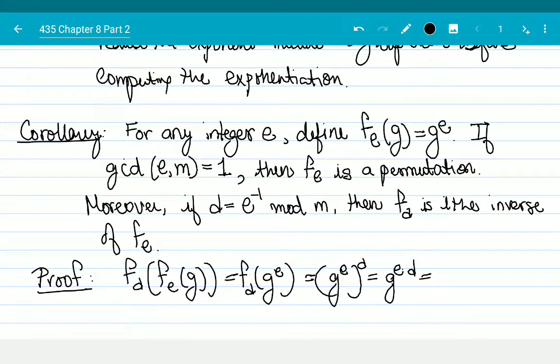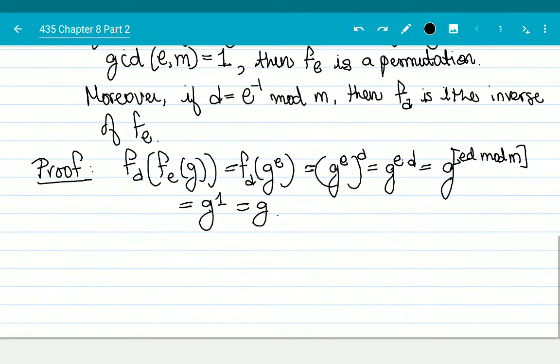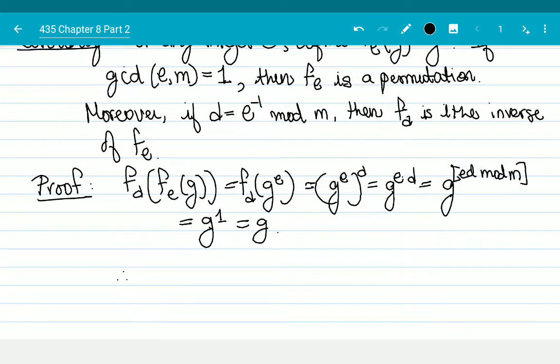Well, e times d is 1 mod m, which is equal to g to the 1, which is equal to g, right? So therefore f sub d is equal to f sub e inverse. So it's an inverse function, so it's a permutation. Since it's a function from the group to group, it is a permutation. Okay.